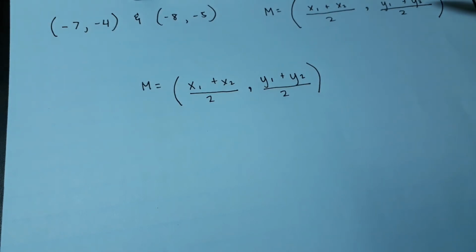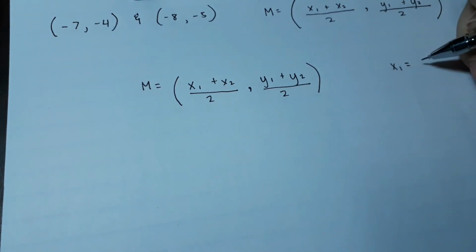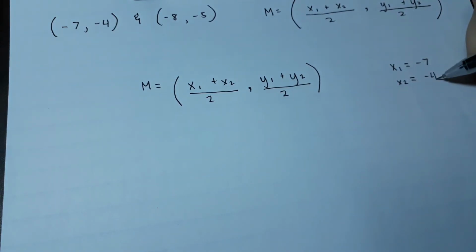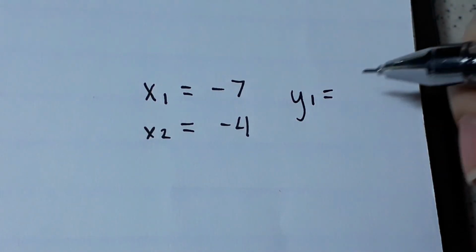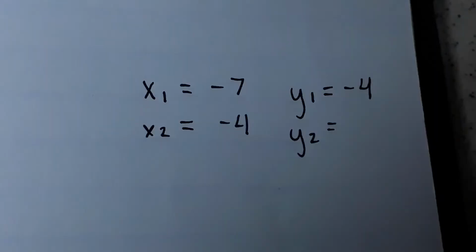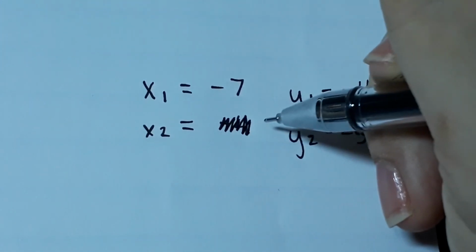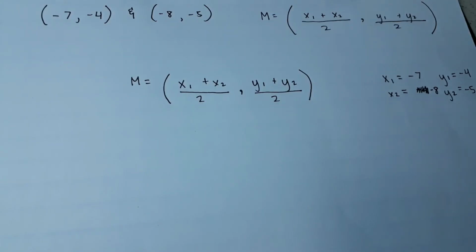So just like the given from the distance formula, we have the same equivalent. x sub 1 is equal to negative 7, y sub 1 is equal to negative 4, y sub 2 is equal to negative 5. My bad. x sub 2 is equal to negative 8.